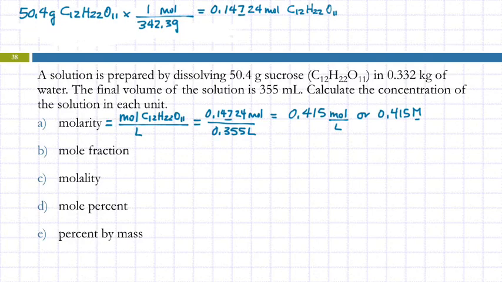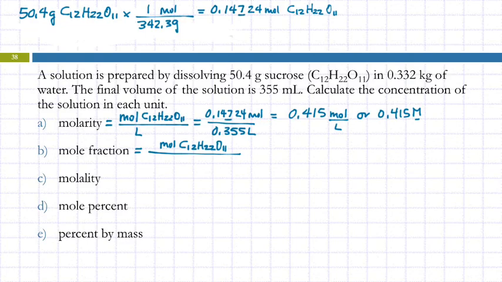Okay, mole fraction. Mole fraction is going to be what? Moles of solute over total moles. So it's going to be the moles of sucrose divided by the total moles. There's 2 things in the solution.